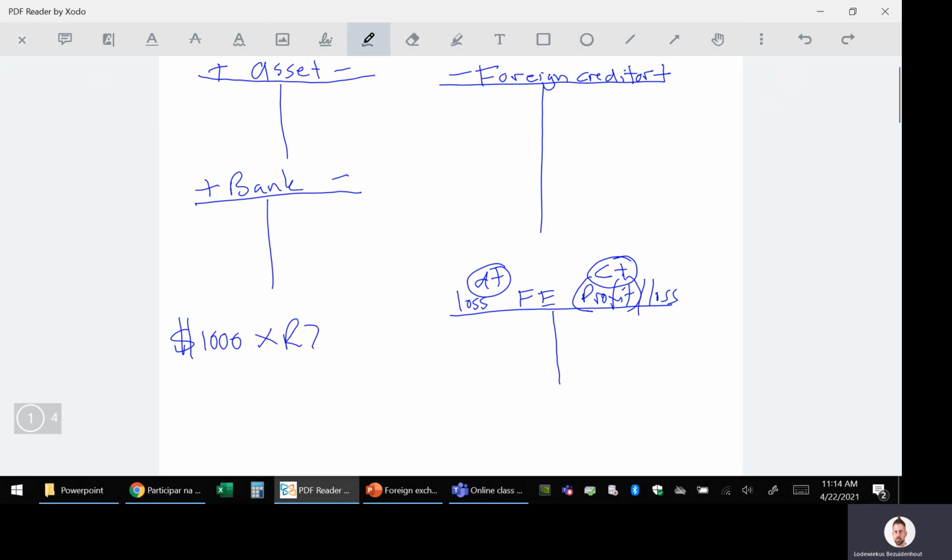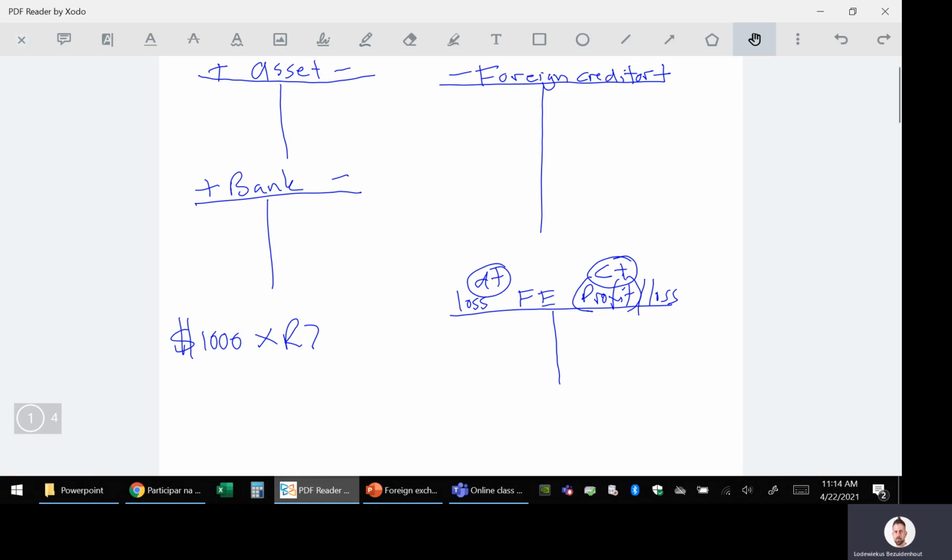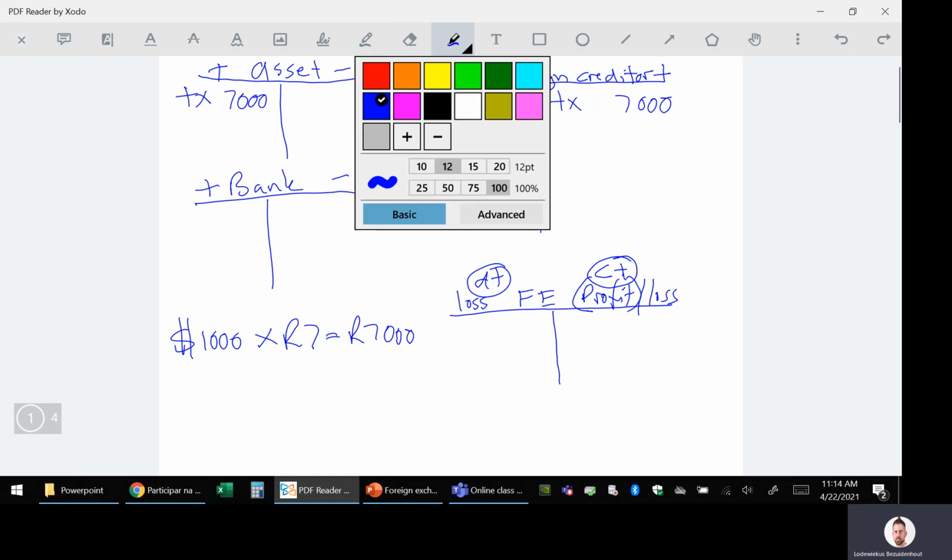If we go back to the example, the transaction date rate was 7. So $1,000 times 7 gives us the transaction amount of 7,000. So we debit the asset on the transaction date with 7,000, because our assets will be more, and we credit the foreign creditor with 7,000.